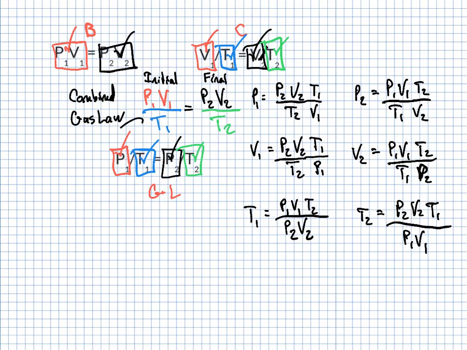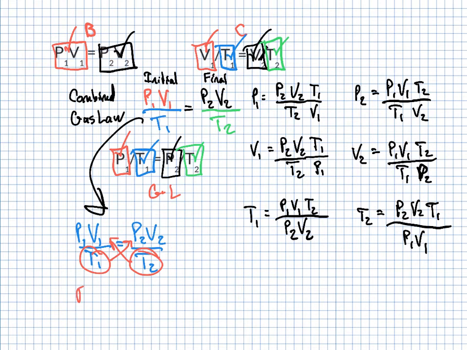And for that cross multiply thing, let me do that over here. So if I have P1 V1 over T1 equals P2 V2 over T2, I'm going to take this and cross multiply it up there. I'm going to take this and cross multiply it up there.